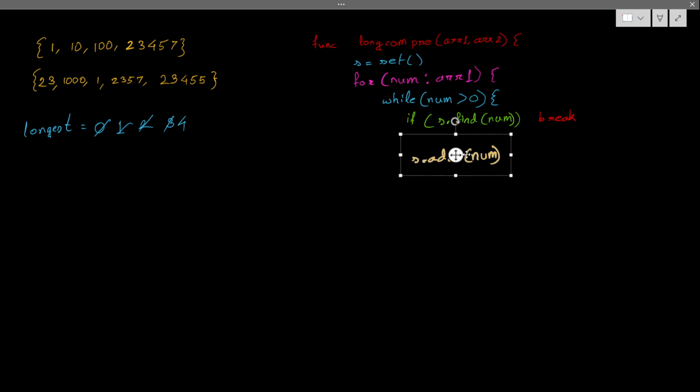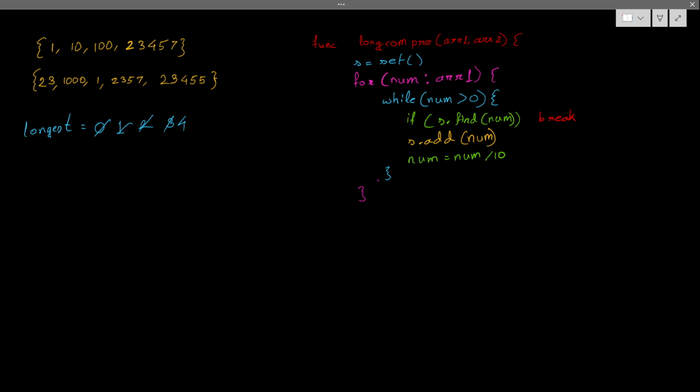If it comes after the if statement, that means break doesn't happen, so that means it isn't present. So I'll simply add the number, and after that I'll write number becomes number divided by 10. Simple. End of the while loop. This is how it works. So this is how we do, correct?